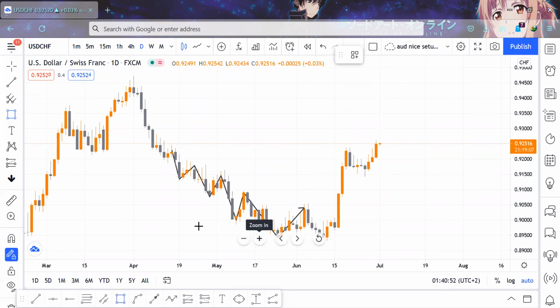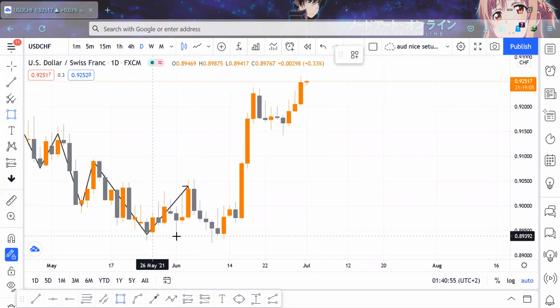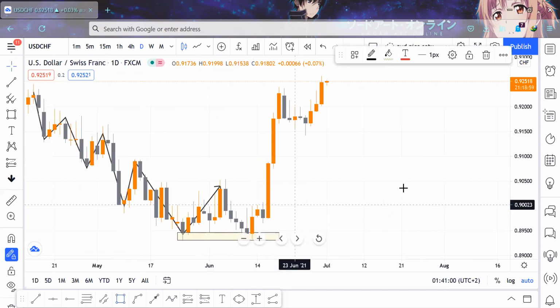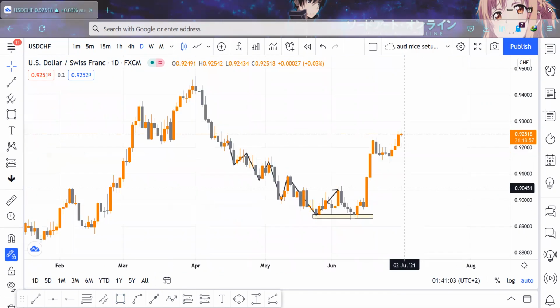Now, from this area here, we can identify that these were our equal lows. Yeah, these were our equal lows here, right? These were our equal lows, right?